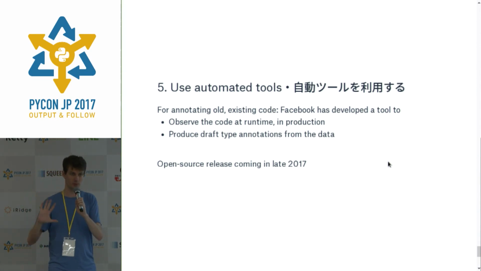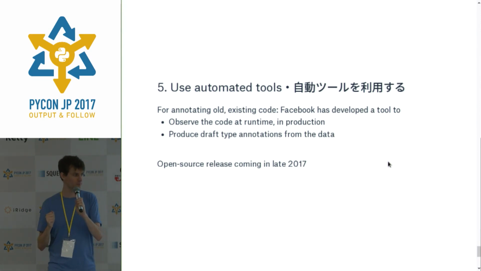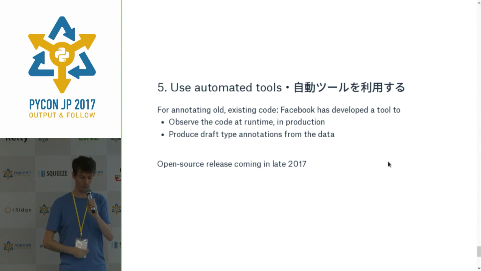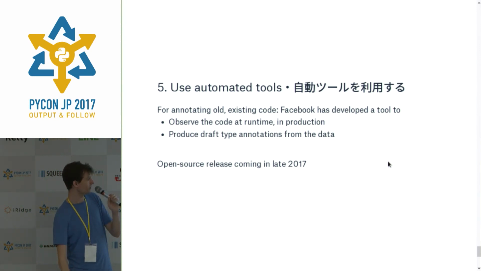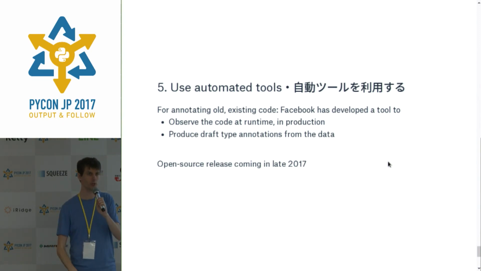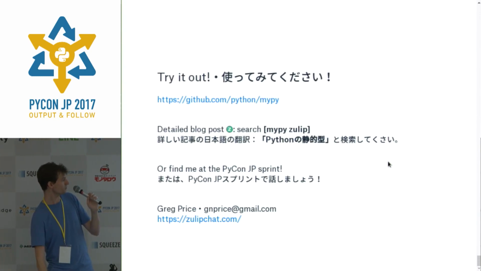They use their log aggregation infrastructure to collect that data to produce draft annotations, which then go through code review like anything else. That very much accelerates the process. It's some work for them to disentangle it from their internal infrastructure stuff, so it's not yet open source, but they are working on that, and they say this year. So I'm looking forward to that.